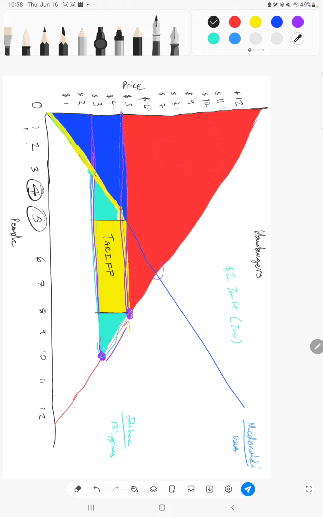And McDonald's also says we cannot provide hamburgers that are cheaper than $5. And so this right here just goes to no one. Inevitably that gets lost because no one's willing to sell hamburgers to these two people right here. And so it's just lost. We lose them, which is really sad.